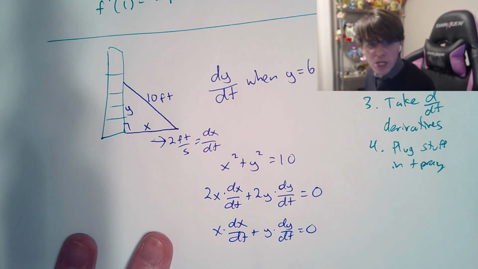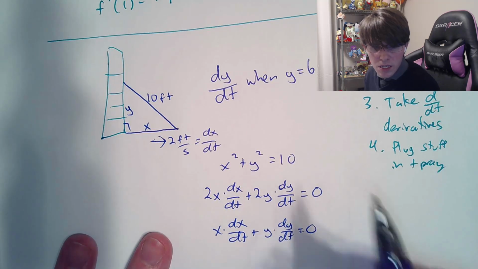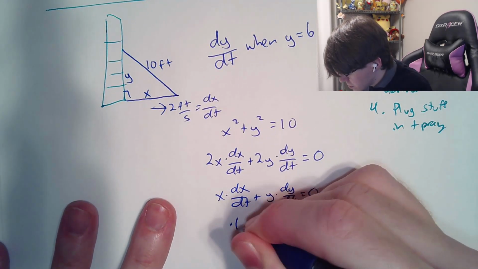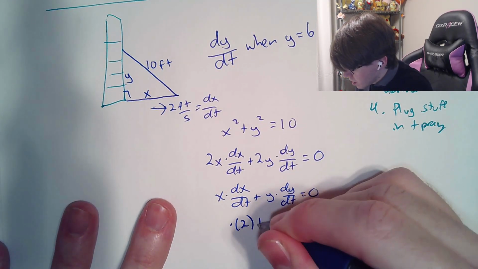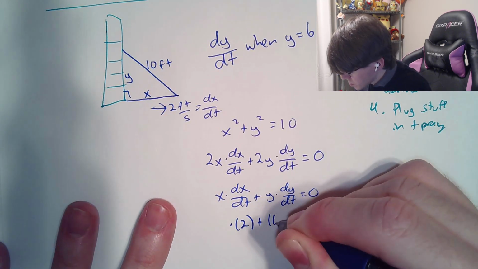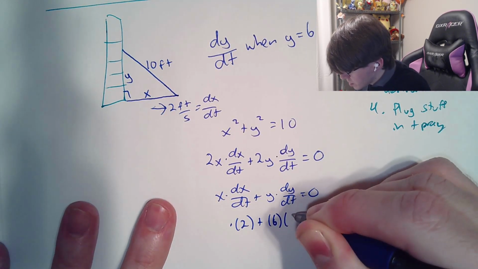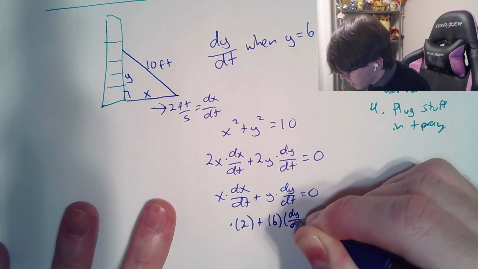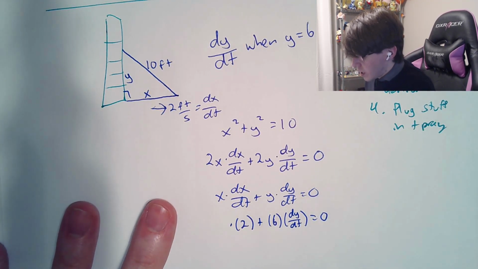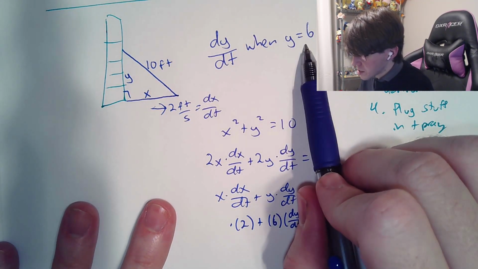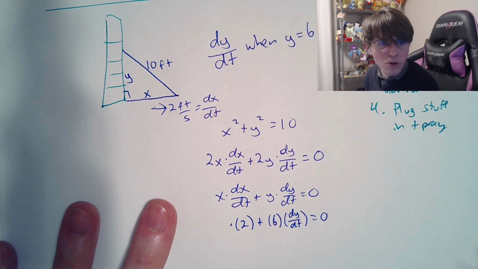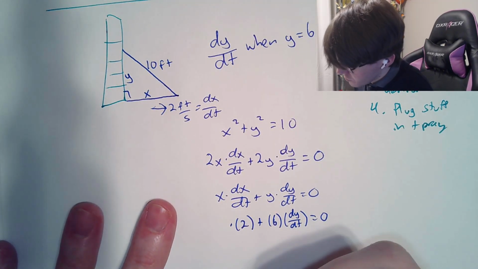And all the other information you're going to be able to figure out, because you're told that dx over dt is always 2. You're told that y is 6 right now. dy over dt we do not know. That's what we're trying to figure out. But what's x going to be? Well, if y is 6, then we have one of the most basic triangles in the world. We have a 3, 4, 5 triangle.